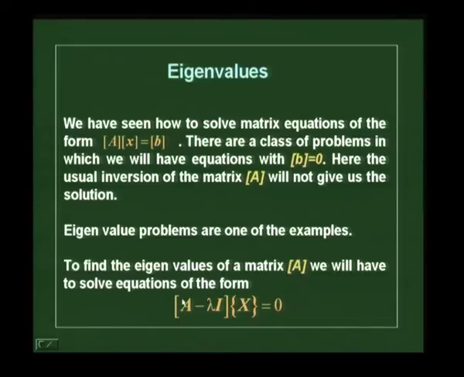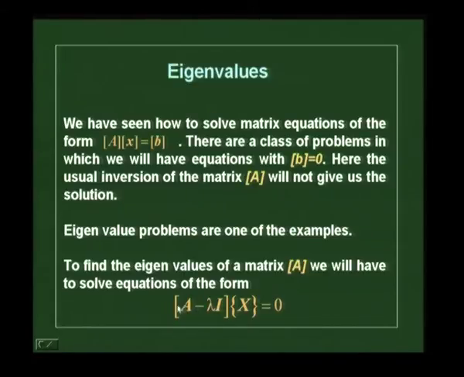So then we have an eigenvalue equation of this form, (A - λI)x = 0. And we know that such equations have non-trivial solutions, a trivial solution being x equal to 0, if the determinant of A - λI vanishes.